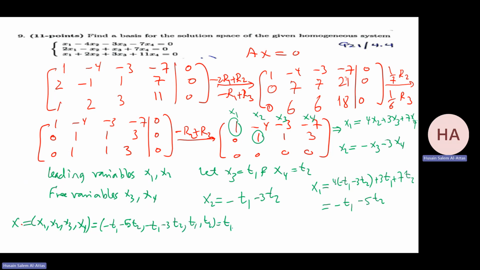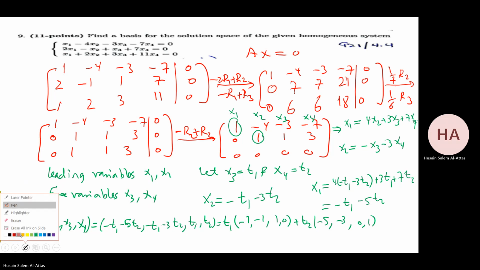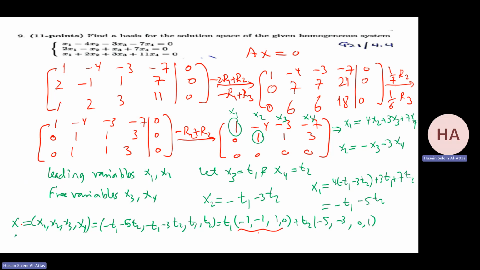Take t1 common factor: that will be minus 1, minus 1, 1, 0. What about t2? Minus 5, minus 3, 0, 1. So this is V1 and this is V2.